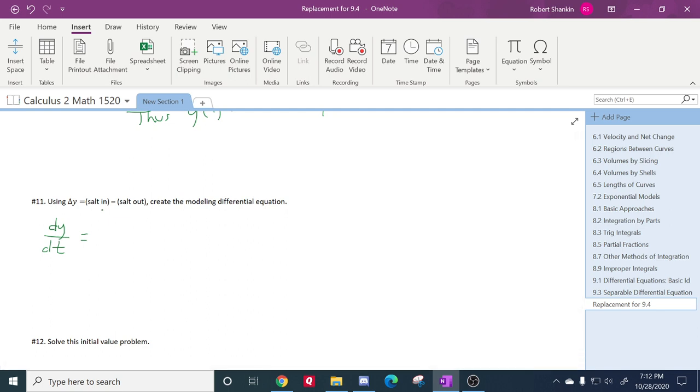Does that stay constant, or does it, hang on a second, I gotta let my dog out. Alright, so the salt in, is that staying constant all the time? And the salt out, is that staying constant each minute, or does that vary according to the minutes?